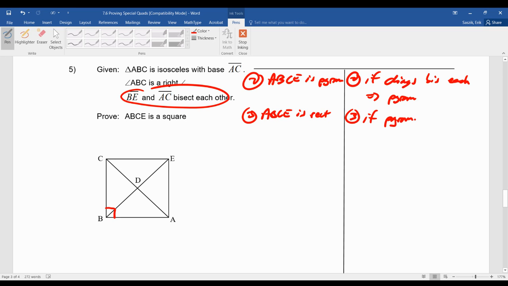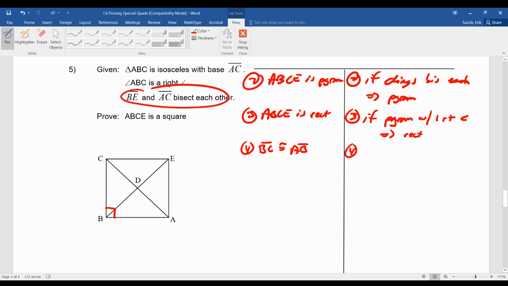If parallelogram with one right angle, then rectangle. Okay, now if that's a rectangle, that means that BC is congruent to AB.